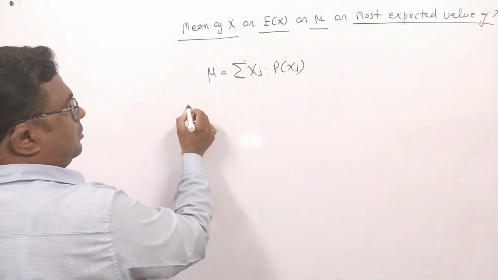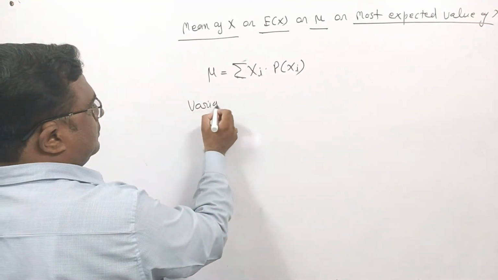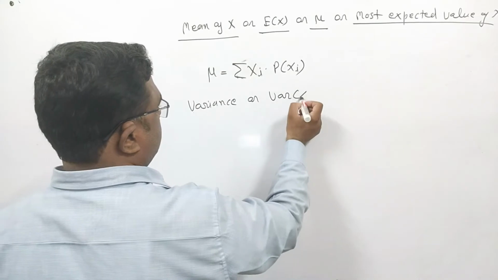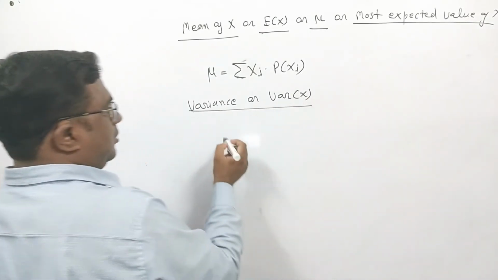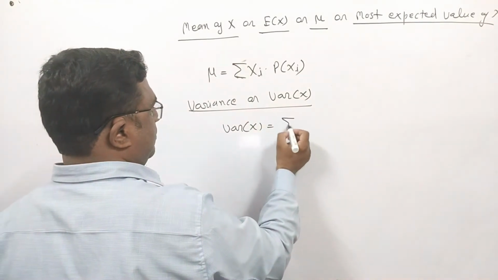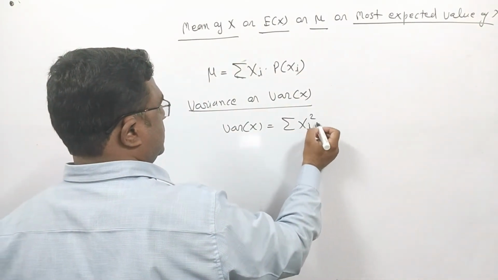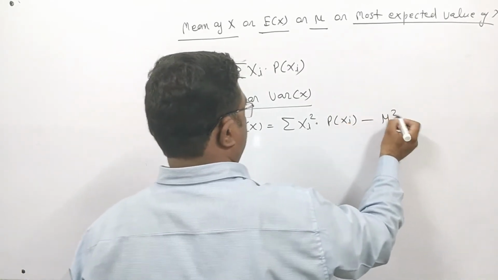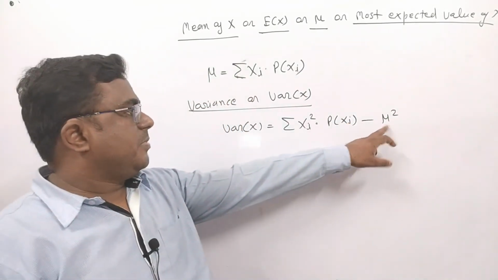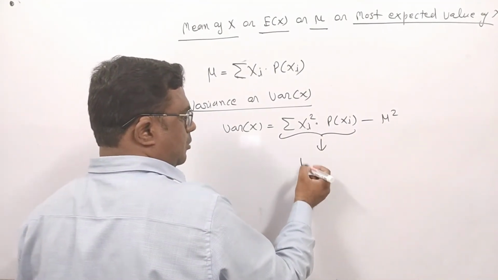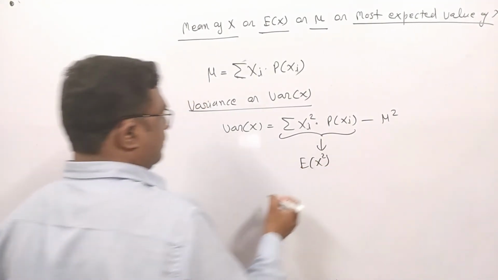Now the second formula is of variance, denoted by VARX. Its formula is variance of X is equal to summation xi square into pxi minus mu square. Here mu means mean, and this particular term is denoted by Ex square.